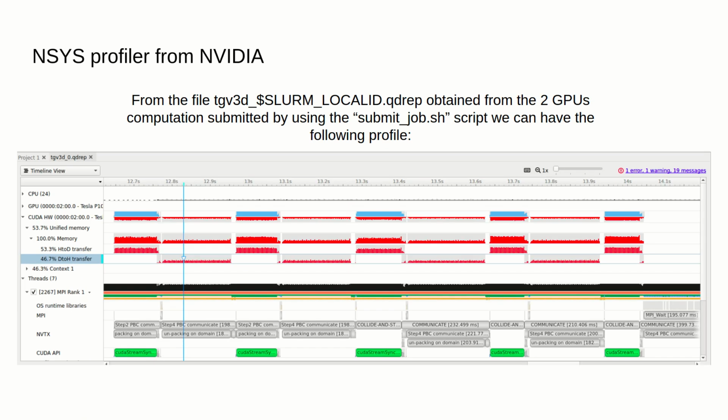And then in the end we have this profile here from the file that was generated by the Nsight software, obtained from 2 GPUs computation submitted by using the previous submit script. We can have the following profile here, which is very nice.